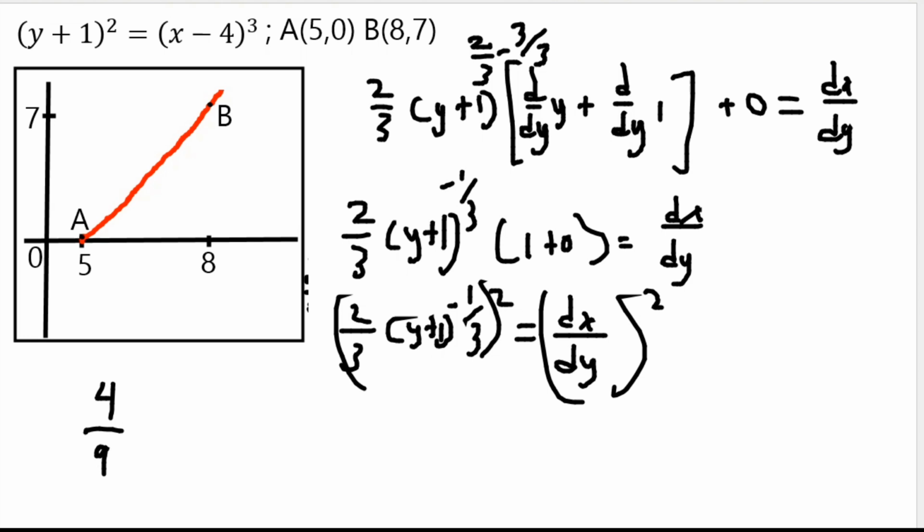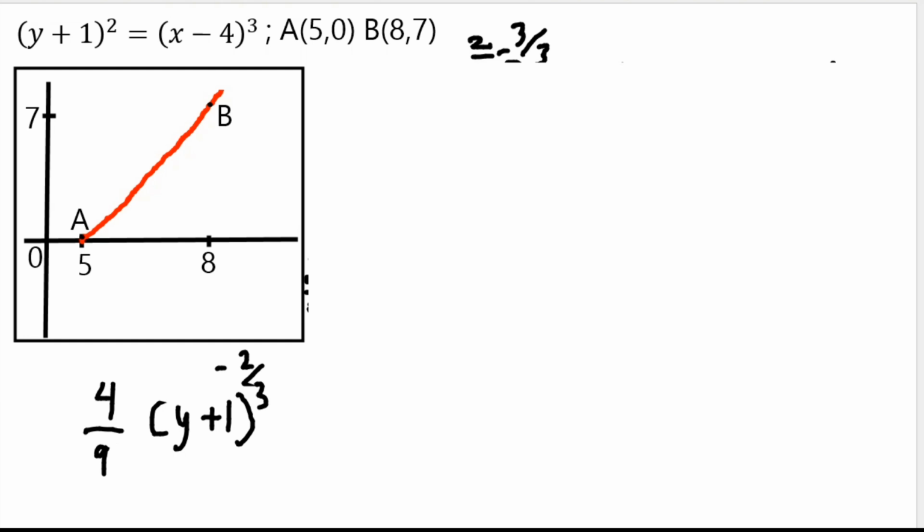Keep solving problems. So we got 4 over 9. We're just going to distribute the exponent of 2, so we will get negative 2 over 3 once again. And that's it. That is (dx/dy) raised to the second power. So it's just 4/9 times y plus 1 raised to the negative 2/3.